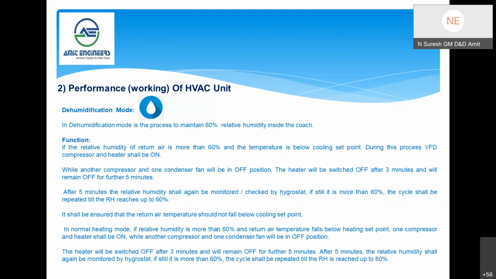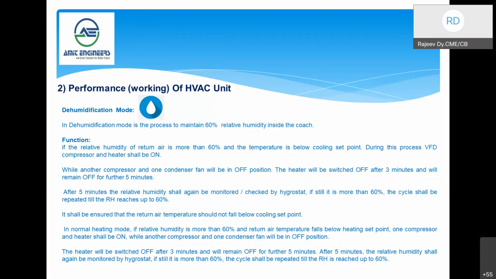And when the moisture carrying capacity of a confined space is enhanced, more moisture can be carried to the evaporator coils, which will condense the moisture and throw it out of the internal confined space.